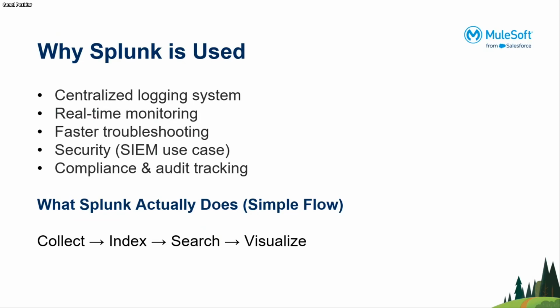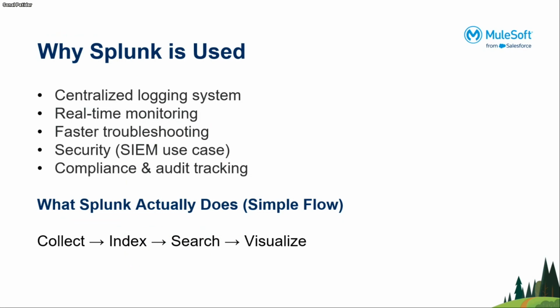Instead of checking multiple systems, we get a single centralized view of all logs. Second is real-time monitoring. Splunk allows us to monitor systems in real time. As soon as an API is called or an error occurs, it gets reflected immediately in Splunk. This is very important for production systems where delays are not acceptable.